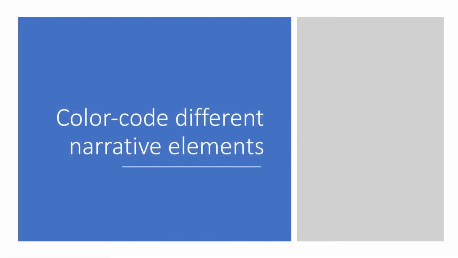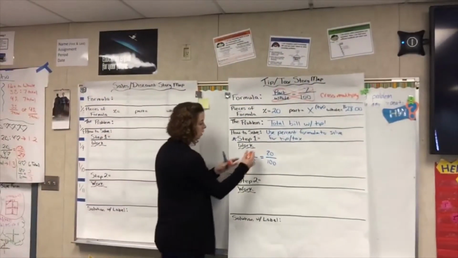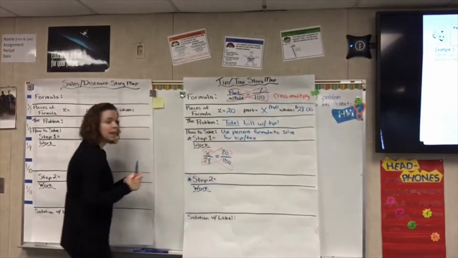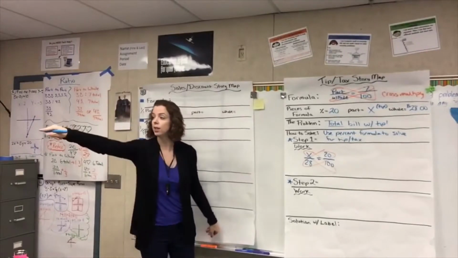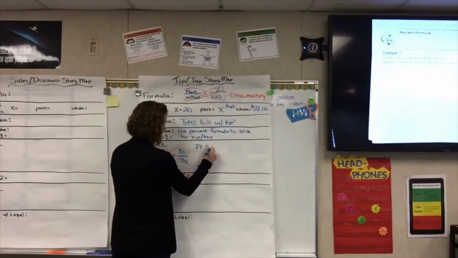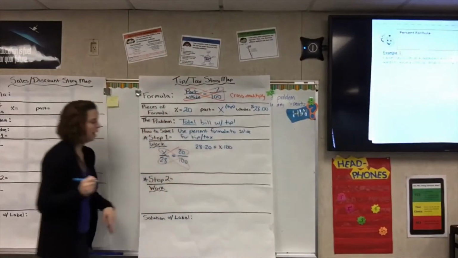Nice. Okay, so we are going to cross multiply. Can anyone tell me what I'm multiplying together? 28 and 20 and X and 100. Nice.